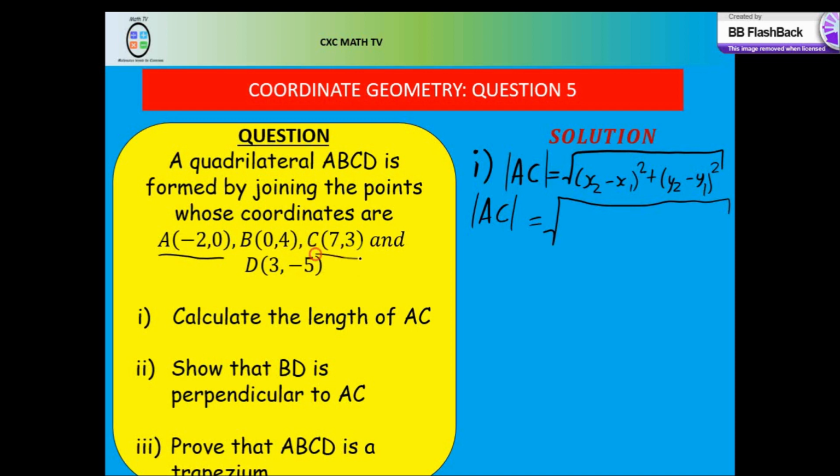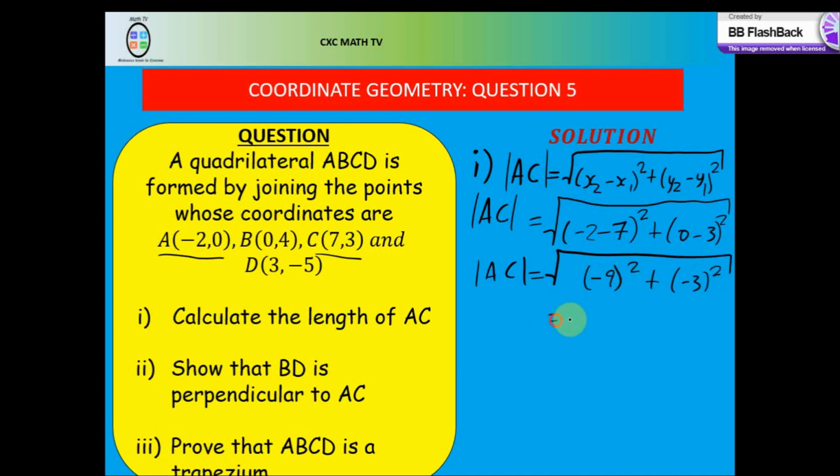This is A and this is C. So it is x2 minus x1, so negative 2 minus 7 squared plus y2 minus y1 squared. So the length of AC is just equal to the square root of, negative 2 minus 7 is negative 9, so that's negative 9 squared plus negative 3 squared.